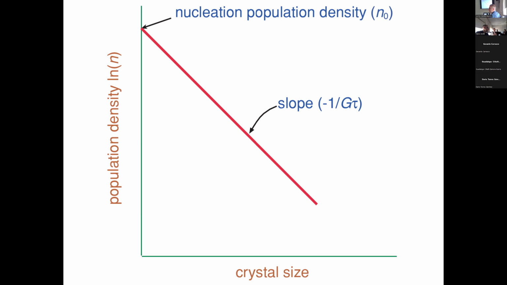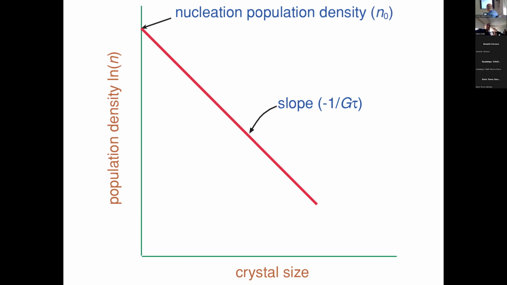Using 2D textures, we have this relation between the population density of the minerals that you are considering and the crystal size. The intercept of this relation gives the nucleation density, the nucleation rate and the nucleation number density.